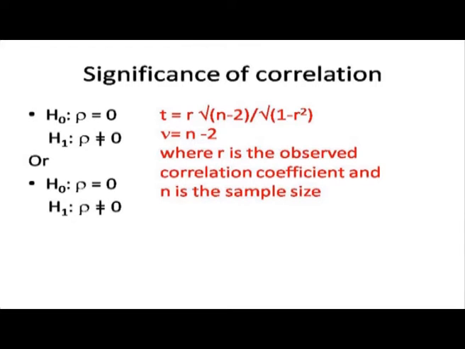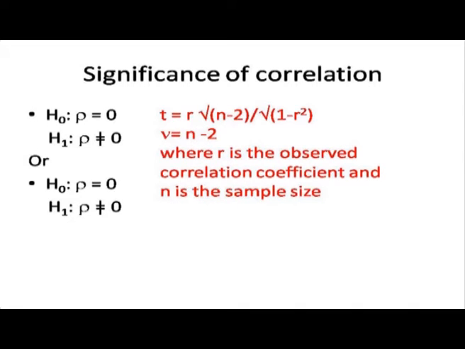So, we calculate t, we identify degrees of freedom, choose the appropriate row of the t distribution for this degrees of freedom, identify the value for 0.05 or 0.01 or 0.001 and compare our calculated value of t with the tabulated value of t.